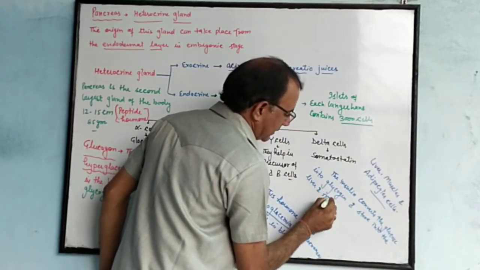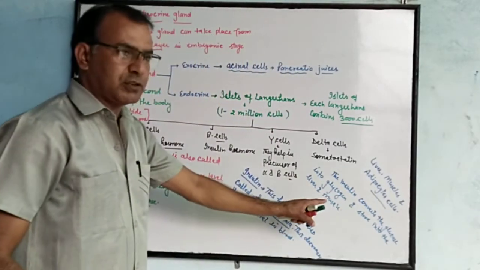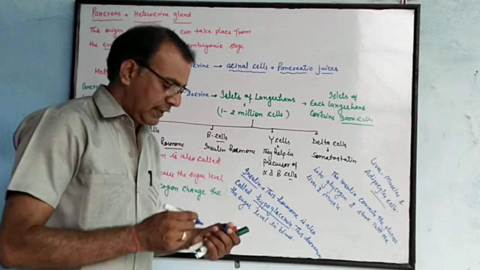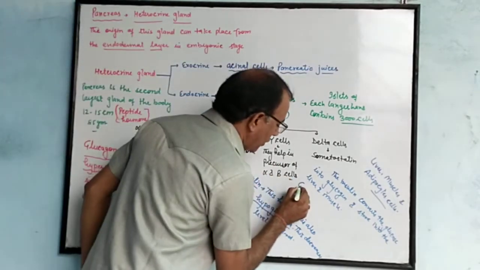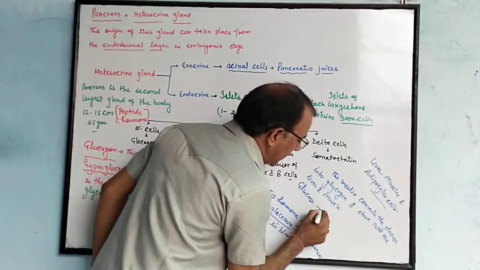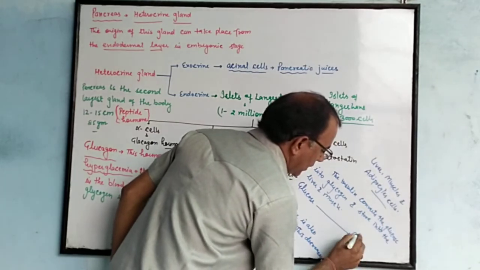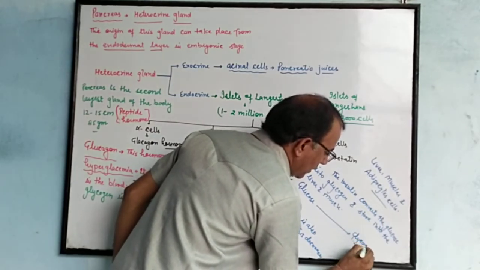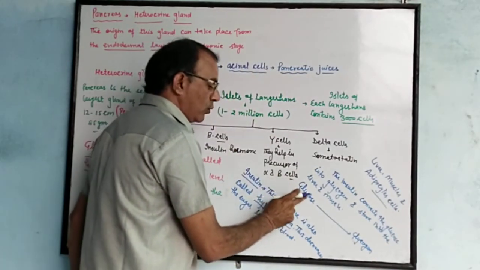The process in which glucose changes into glycogen with the help of insulin is called glycogenesis. It means when blood sugar level increases, it changes into glycogen. Which hormone converts the glucose into glycogen?